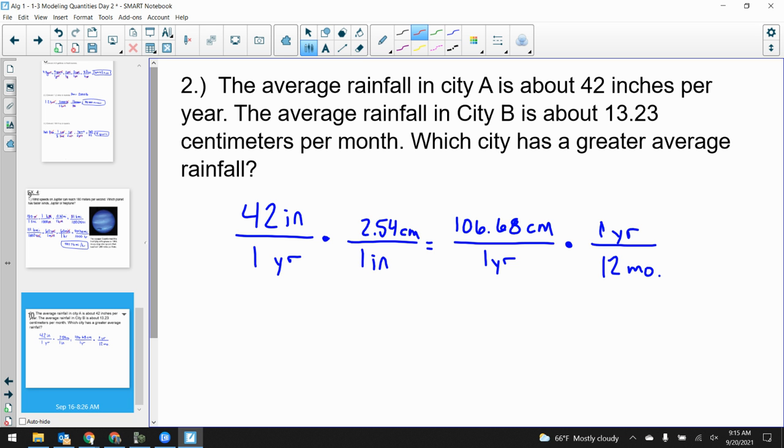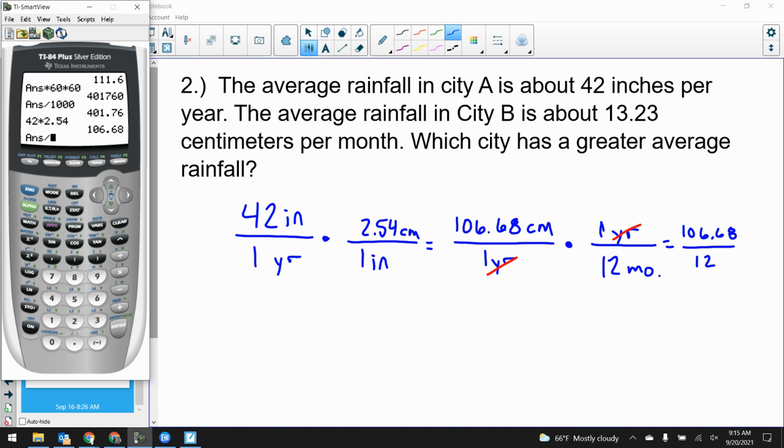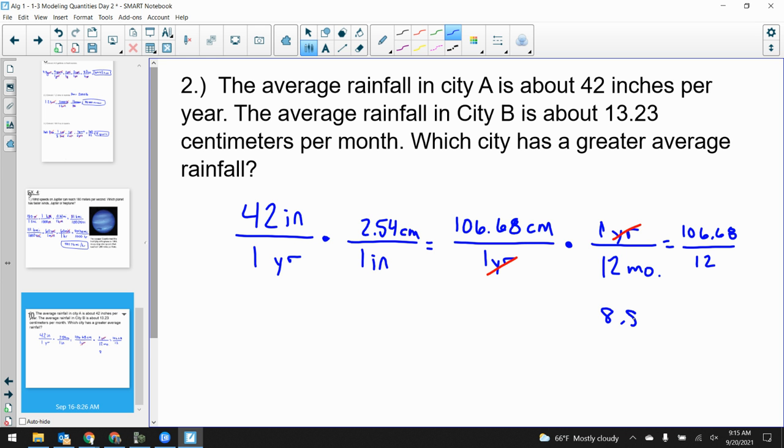So now my years are going to cancel out, leaving me with 106.68 divided by 12. Well, let's see what that is. 8.89. And that is centimeters per month.